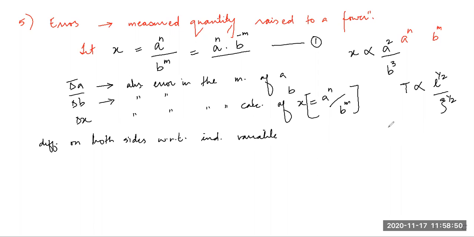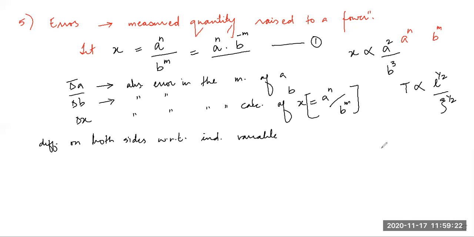If x is equal to u into v, what will be the differentiation of x? It will be du into v plus dv into u. Do you remember, students? So this also we will be using, partial differentiation.